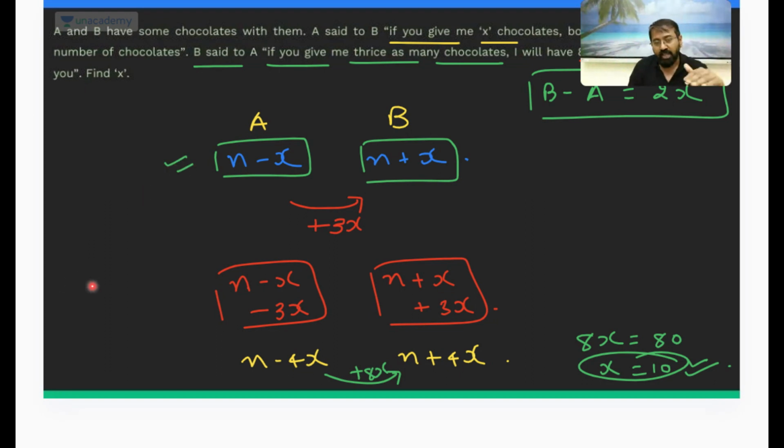Now B said to A, if you give me 3 times the number of chocolates, that is 3x chocolates, then I'll have 80 more chocolates. So if A has n minus x chocolates and A gives 3x chocolates to B, the number of chocolates with A will be n minus 4x and with B will be n plus 4x. So guys, n minus 4x and n plus 4x, what is this difference?